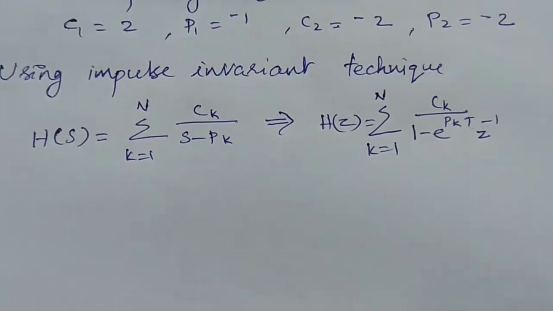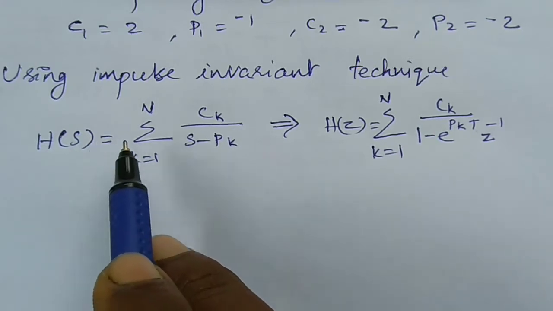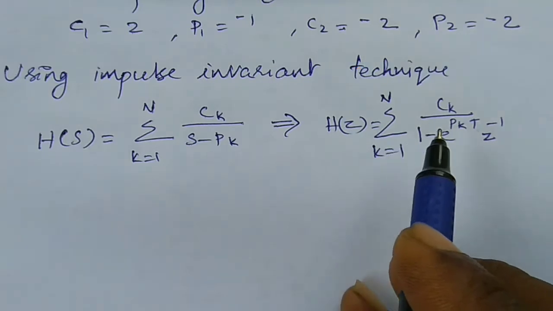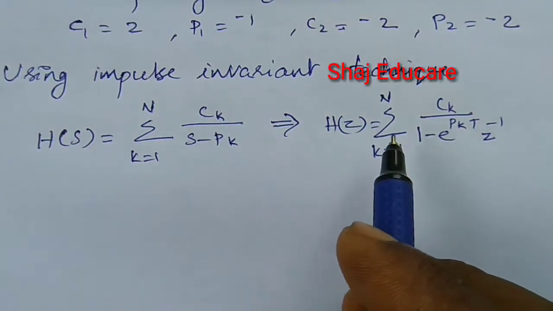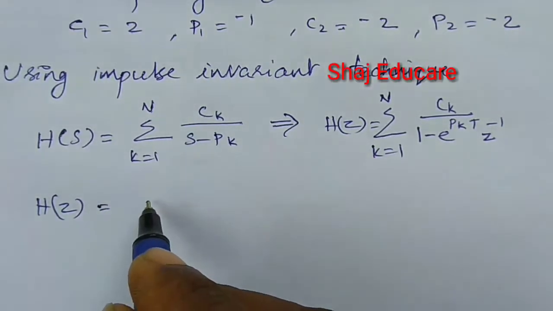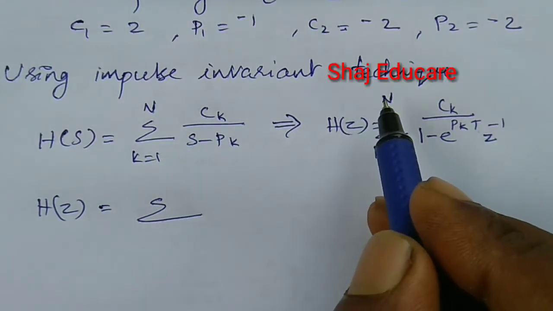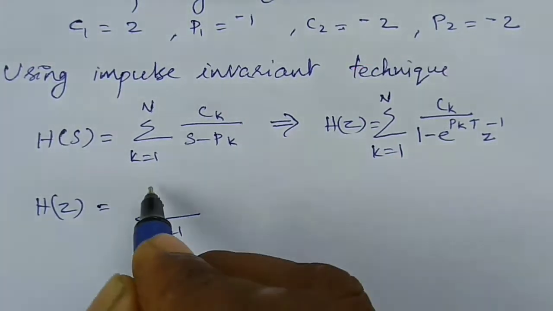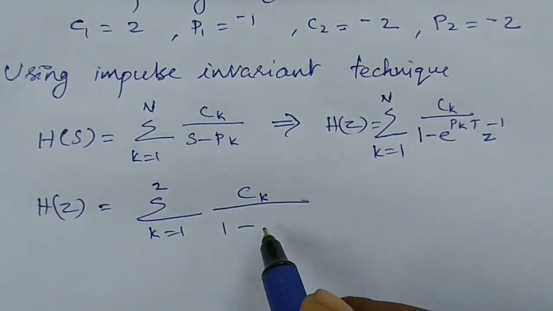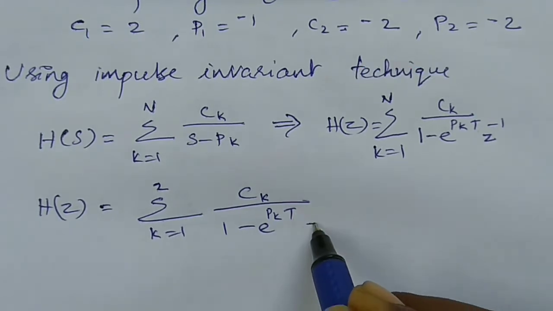According to the impulse invariant transformation, any analog transfer function of this form can be transformed into the corresponding digital transfer function using this formula. Let us consider this formula. The number of poles in this case is 2, so n is equal to 2, so the sum for k equal to 1 to 2 of ck divided by 1 minus e raised to pk t into z inverse.